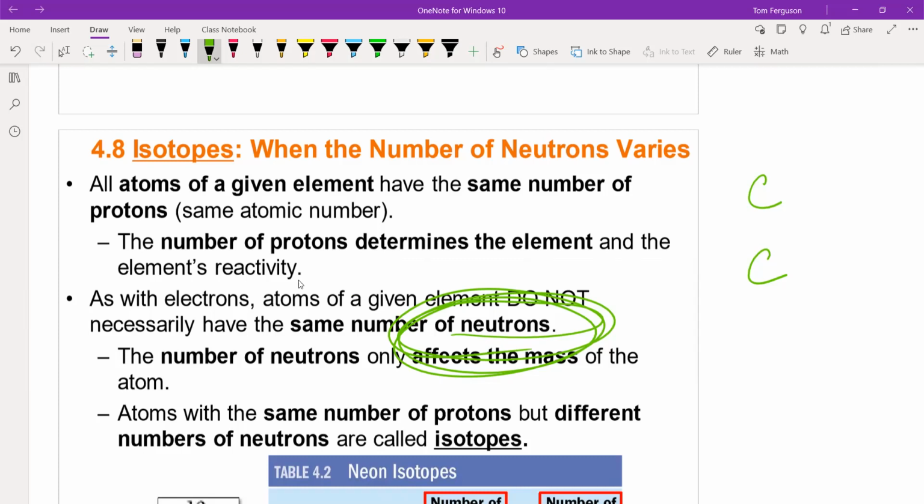Carbon's got 6 protons. Neutral carbon has 6 electrons, and carbon 12 has got 6 neutrons.